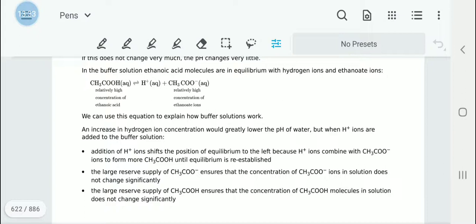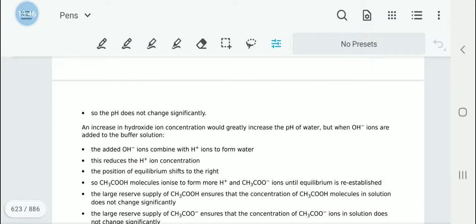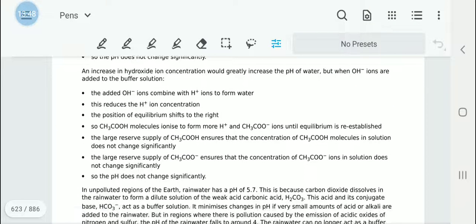The large reserve supply of CH3COOH ensures that the CH3COOH concentration does not change significantly. As a result, pH does not change significantly.